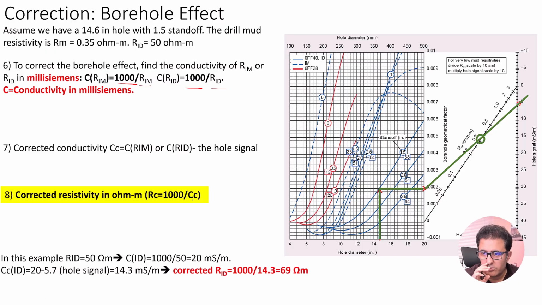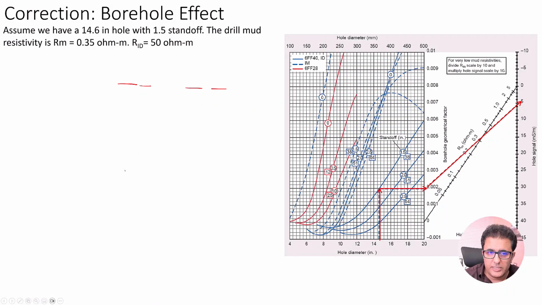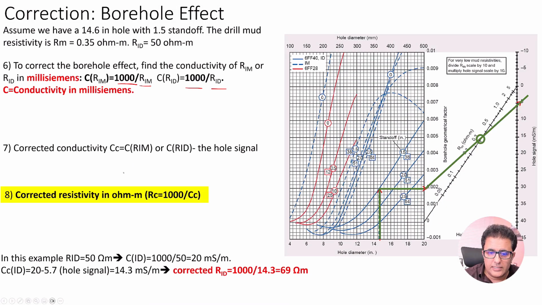So now let's go back to the example. In the example, assume that the deep reading RID is 50 ohm meter. And I mentioned that the whole signal, if we go back here, was 5.7 millisiemens per meter.